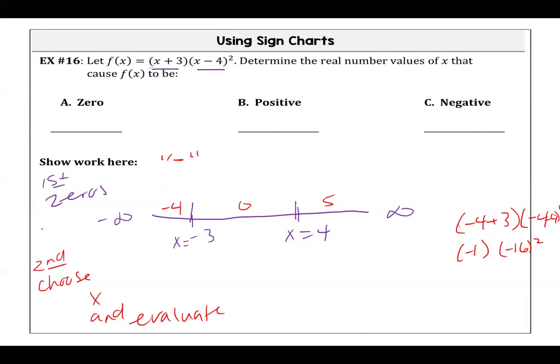What's 16 squared? 256. Okay. So we get -256. What is the outcome here? The outcome is negative. We do not care what the number is. We just want to know, is it positive or negative? Which is why I'm telling you, you do not have to fully evaluate.